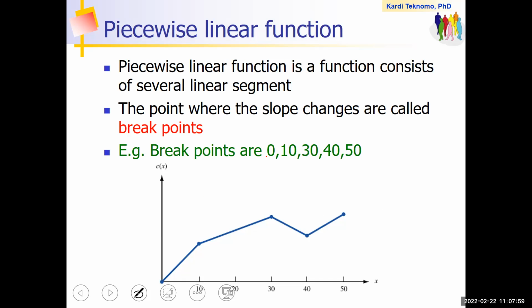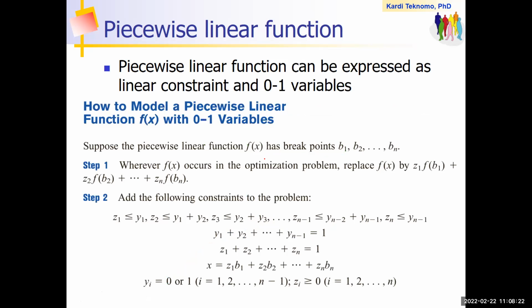Another example of IP usage, integer programming. Suppose you want to have a piecewise linear function like this. Say you have certain breakpoints. So your constraint is not linear, your constraint is actually piecewise linear. If you have a piecewise linear function, then you can set up piecewise linear as 0, 1.